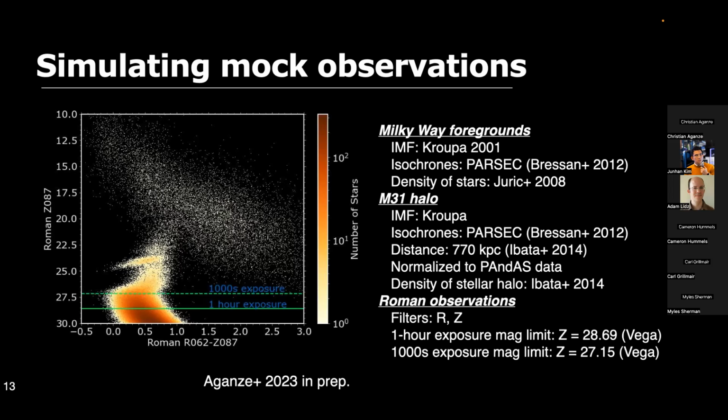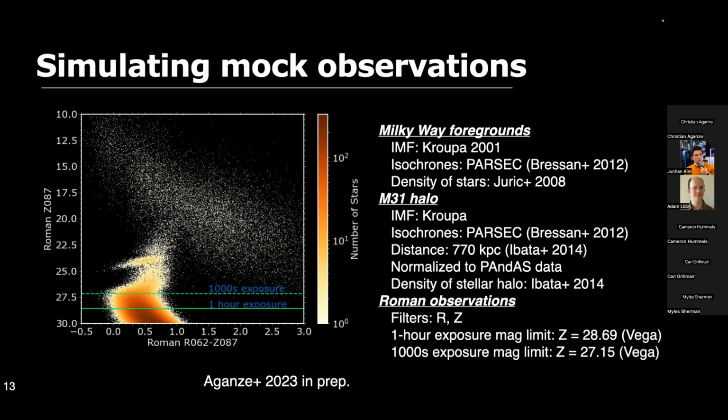But you can imagine if you have more color information, you could probably do better separation between Milky Way contaminants and M31 stars. So what I'm showing here is a color magnitude plot, R minus Z versus Z. This will be the M31 stars mostly, and this will be the Milky Way contaminants. You can imagine that you can select those out if you just want to look at the stream in M31.